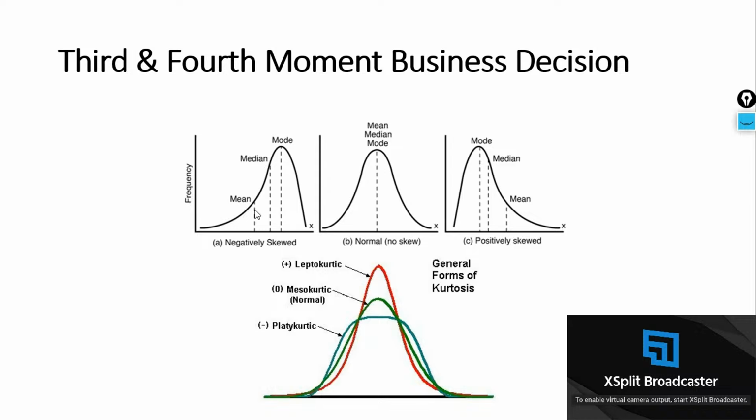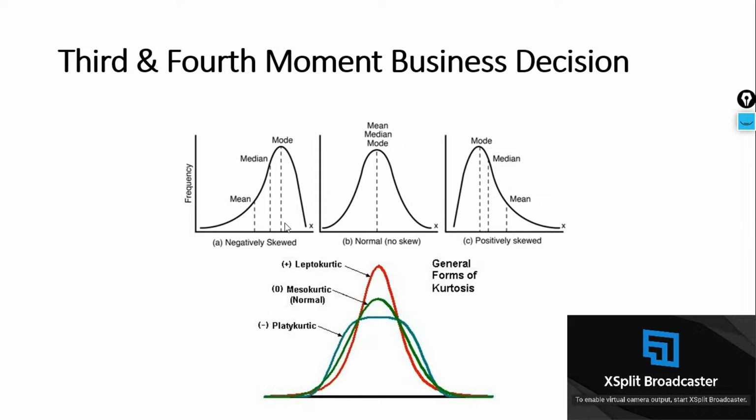What is mean? Mean is nothing but average, but average also should be at the center, right? Why is it getting influenced? In case A and case C, in plot 1 and plot 3, mean is getting influenced. It's getting pulled because of extreme values in A and C cases.